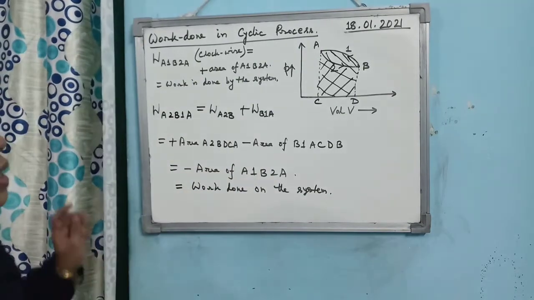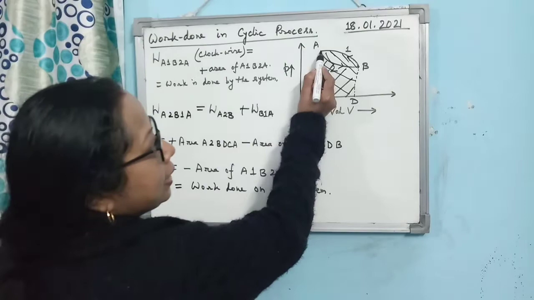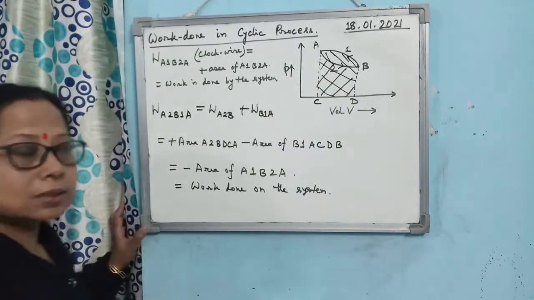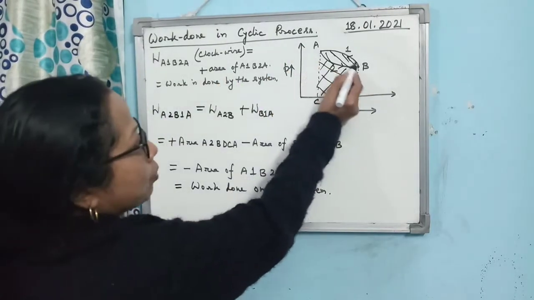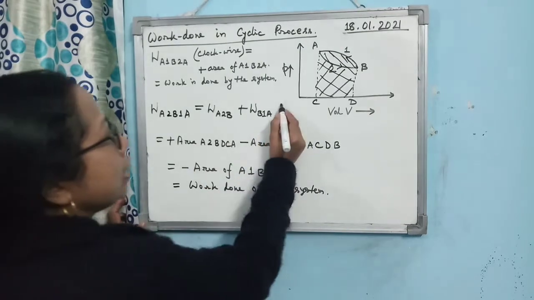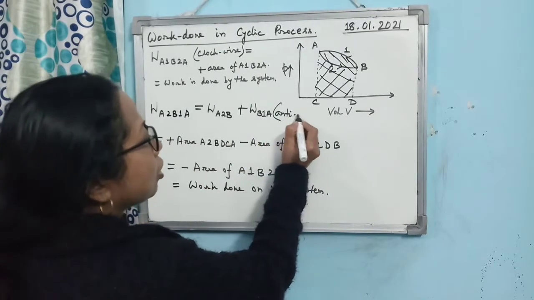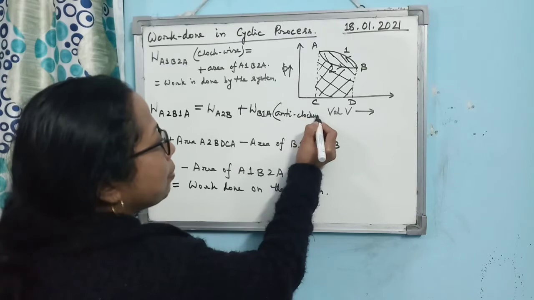So in this case, you have to understand that it is the same cyclic process, but when you carry the cyclic process clockwise and when you carry it anti-clockwise, what is happening?